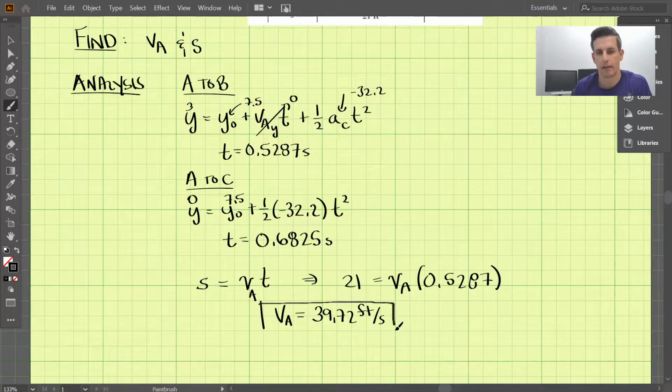We can round that to 39.7 for significant figures' sake.